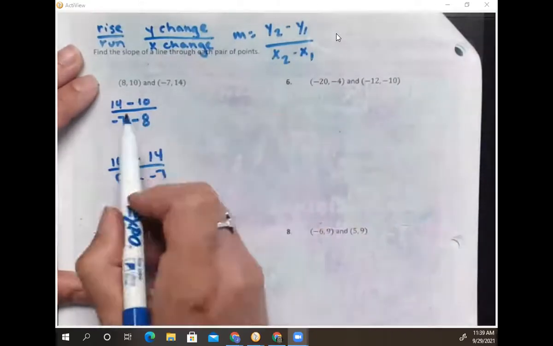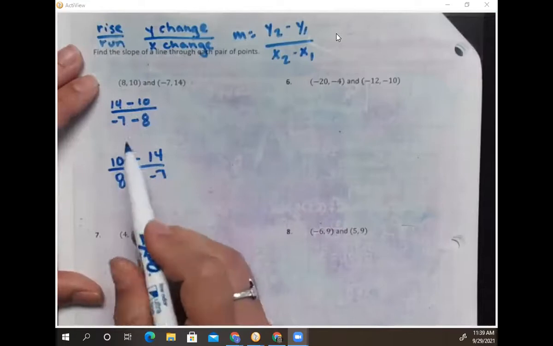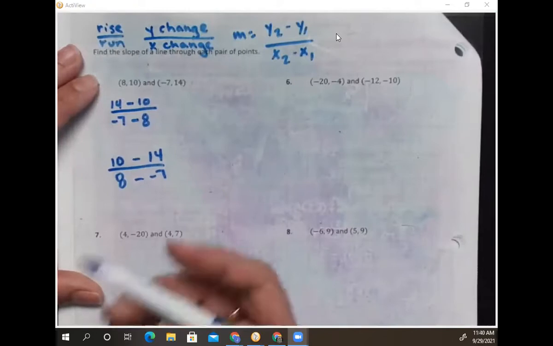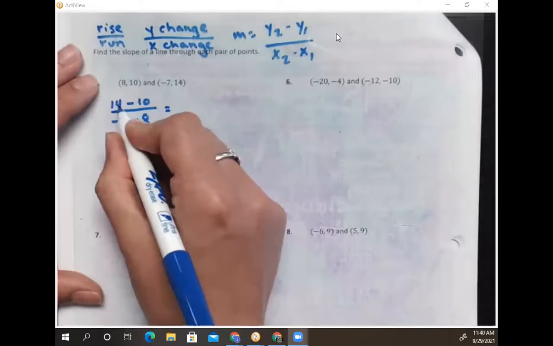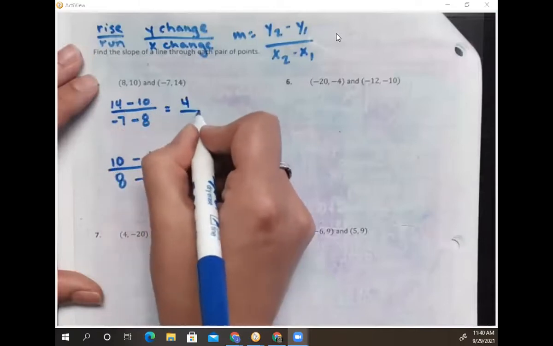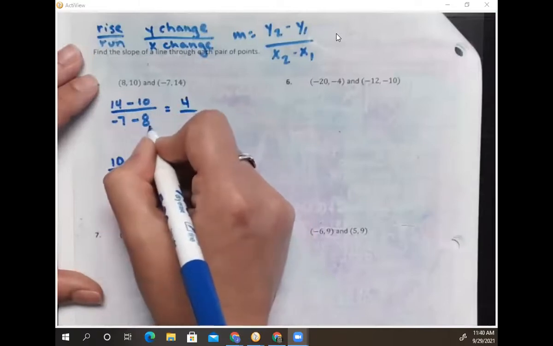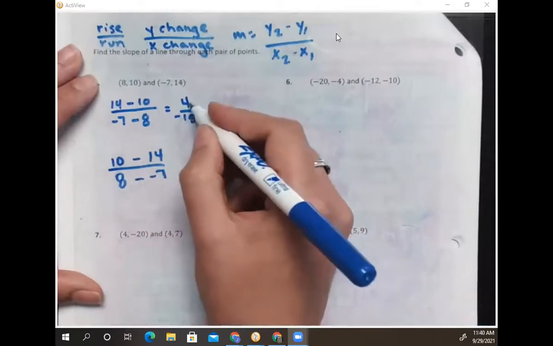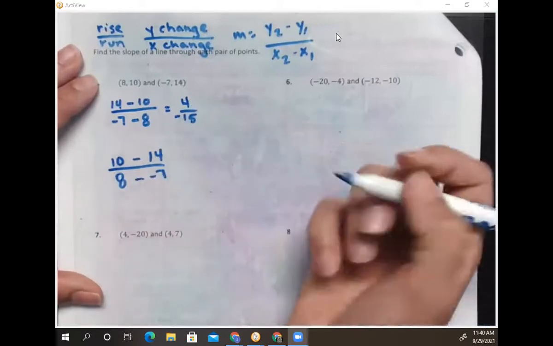Now, I want you to notice the numbers are backwards in these different slope formulas I've set up. That's okay. Okay, so we're going to simplify these and see that we get the same slope. So for this first guy, 14 minus 10 is 4. Negative 7 minus 8 would be negative 15. I get a slope of negative 4 over 15.